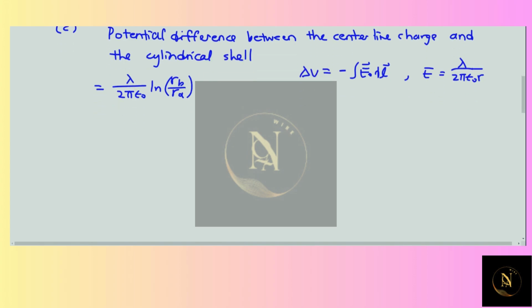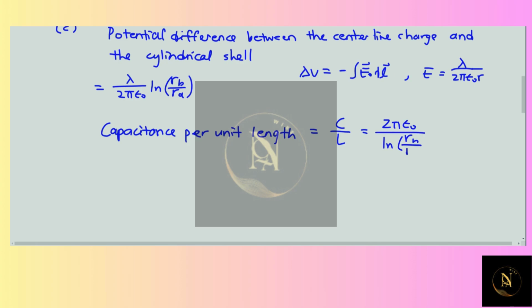Then we also have the capacitance per unit length, C over L, which is 2 pi epsilon naught divided by natural log RB divided by RA.